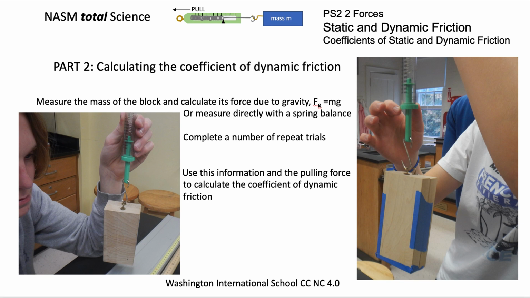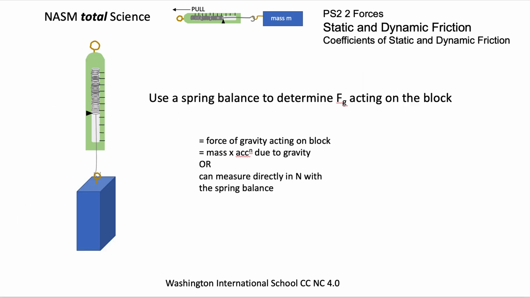Measure the mass of the block. In fact, here you'll measure the force of gravity acting on the block directly with a spring balance and do a number of trials to get your answer for that.